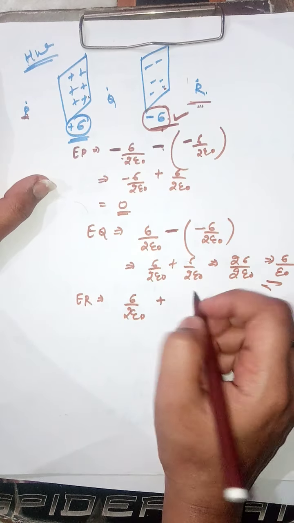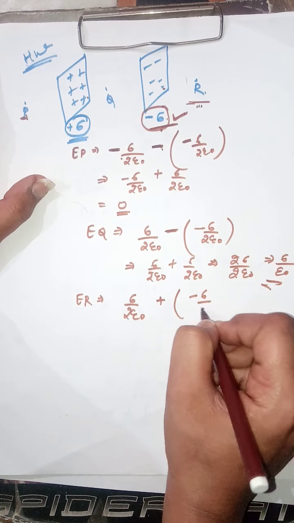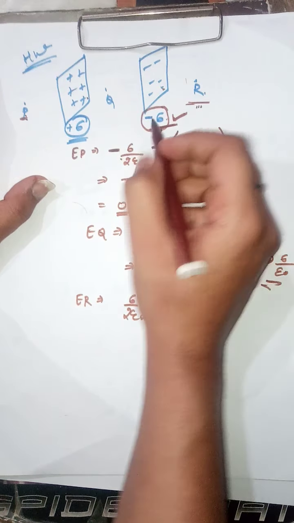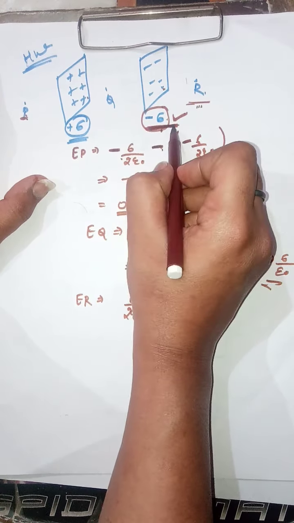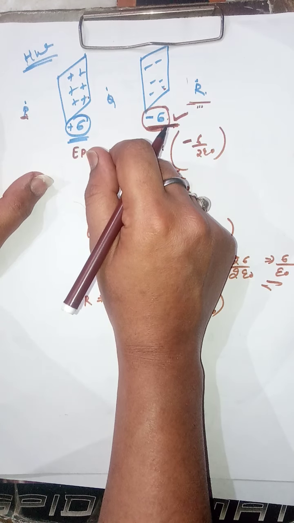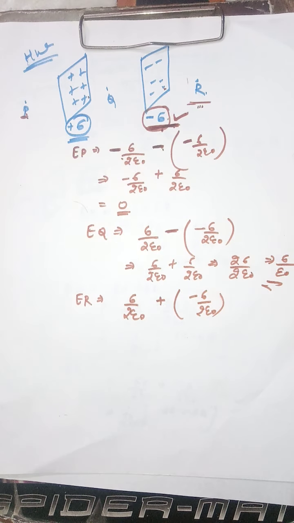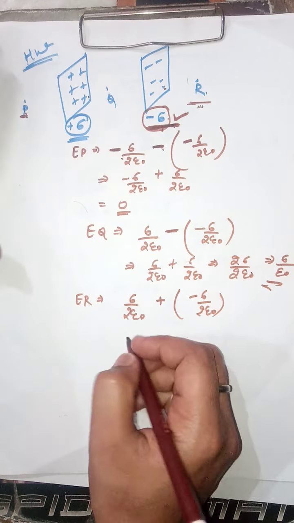The field is positive, but again a negative sign is there due to the negative surface charge density. Due to the negative surface charge density, we have a negative sign in our expression for the electric field at point R, as one of our charged sheets is negatively charged.